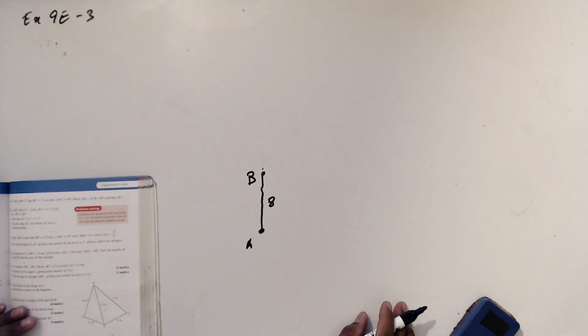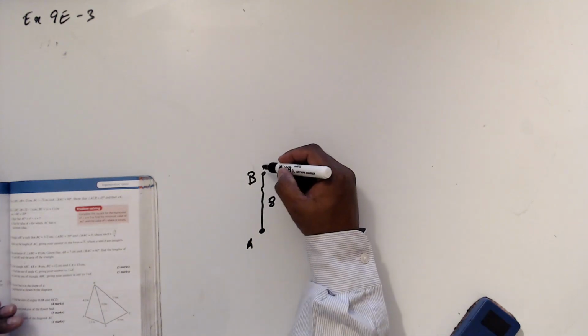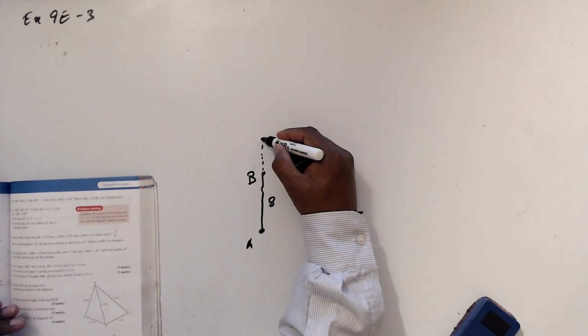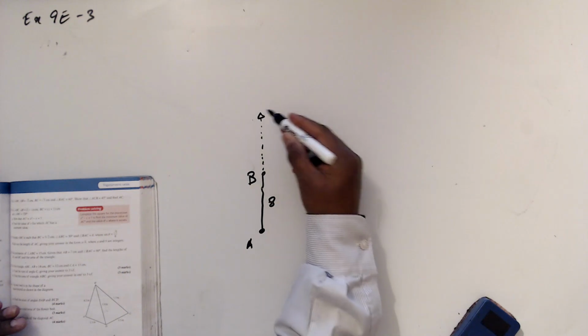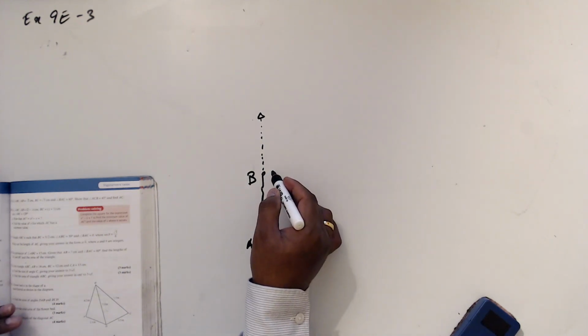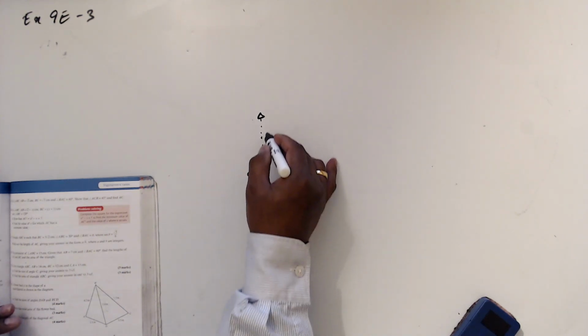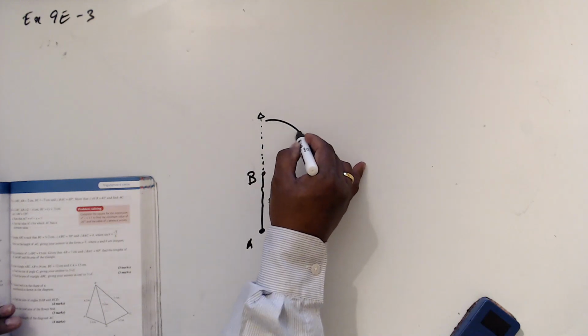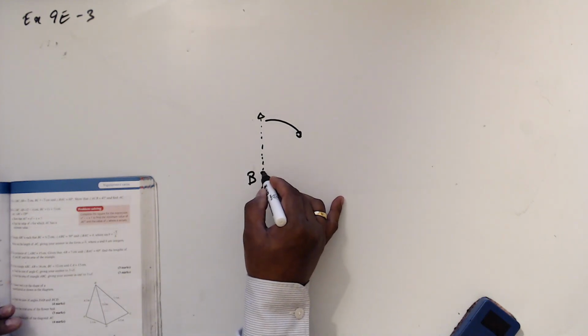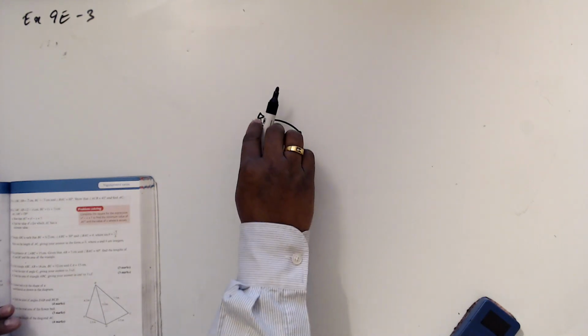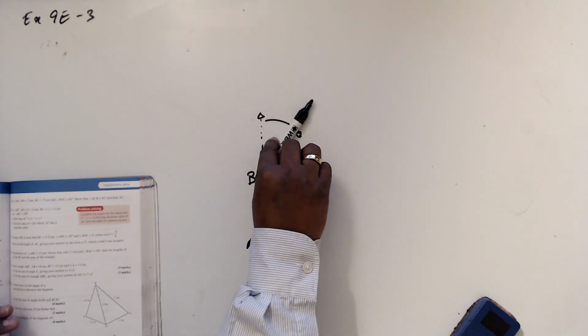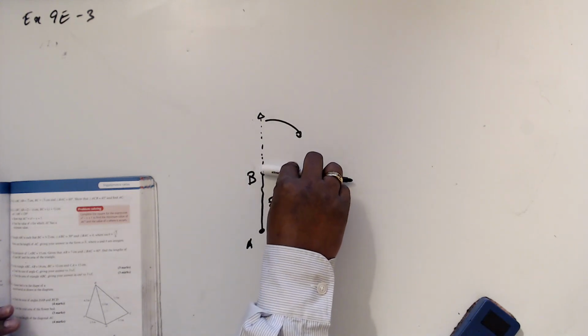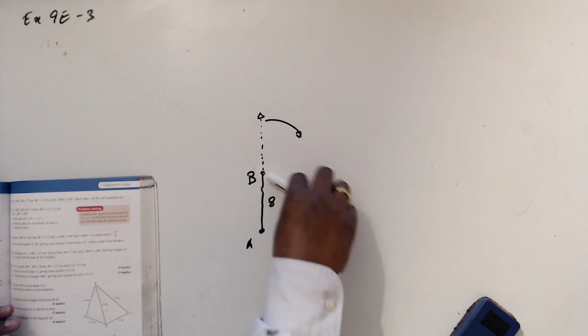The bearing is 120. So I want to find the bearing 120. From here I want to measure 120. So this is the point: 10, 20, 30, 40, 90, and 120.